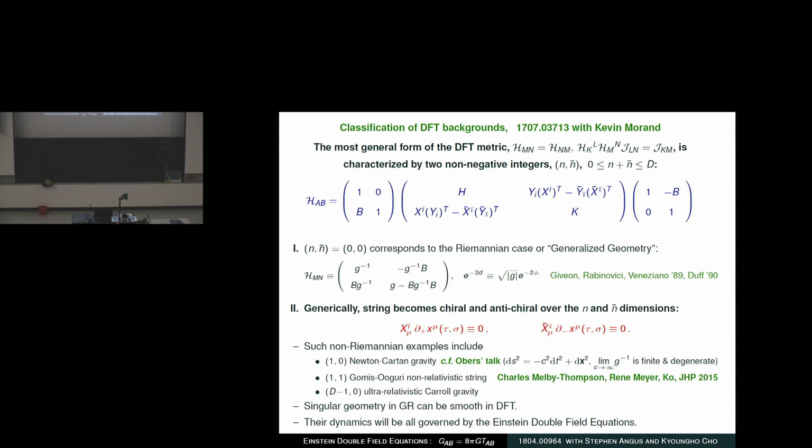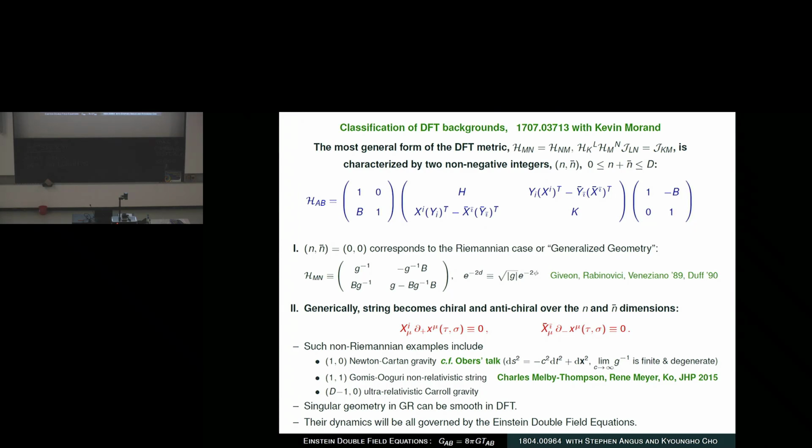In fact, with the two local organizers, Charles and Leron, we saw that the fluctuation around this 1,1 background in double field theory matches the spectrum of the Gomis-Ooguri non-relativistic string. Further, the isometry group forms the Bargmann algebra. We can also have ultra-relativistic Carroll gravity.